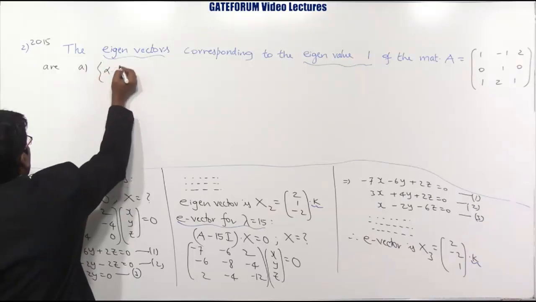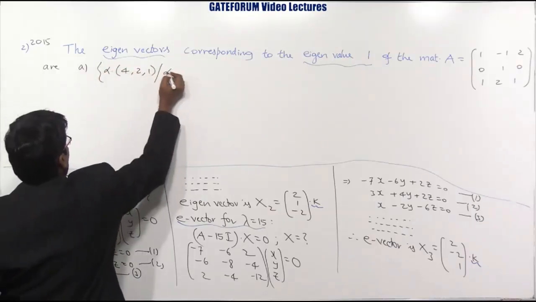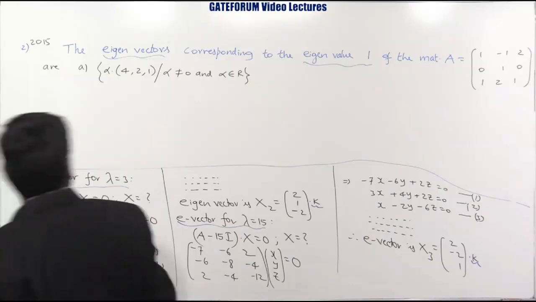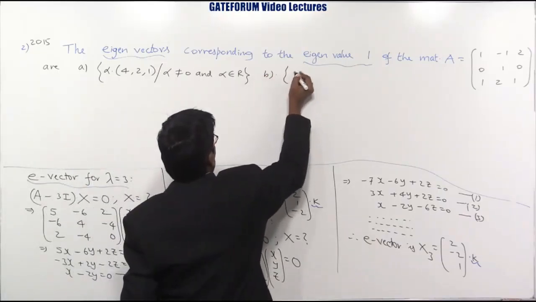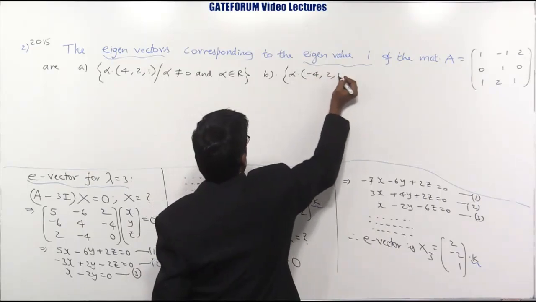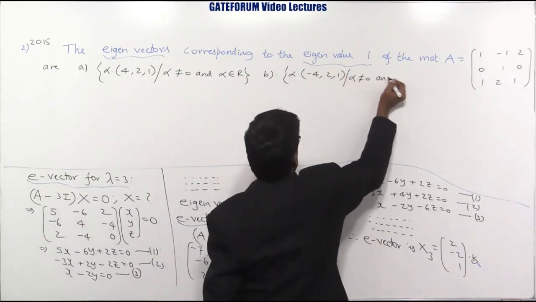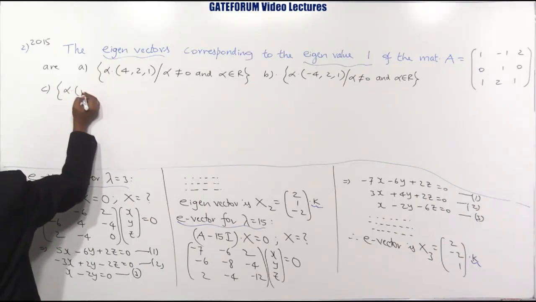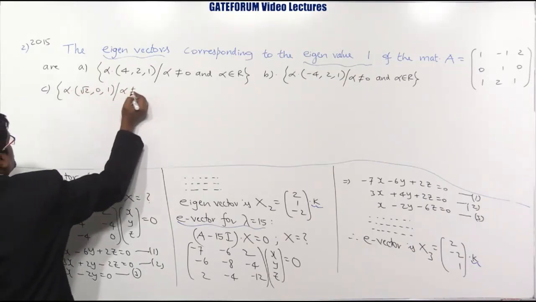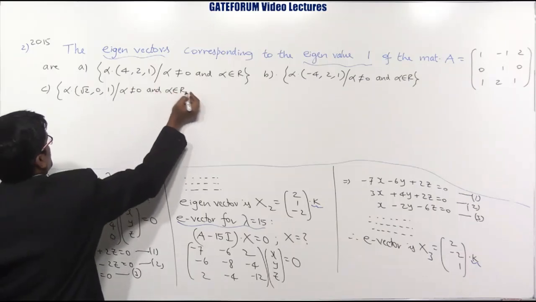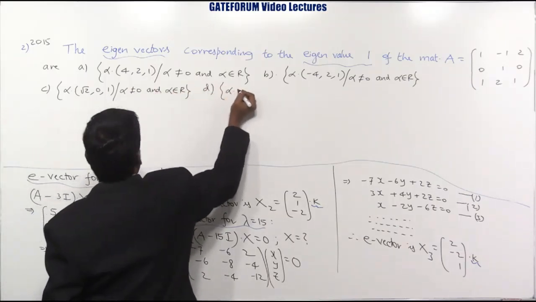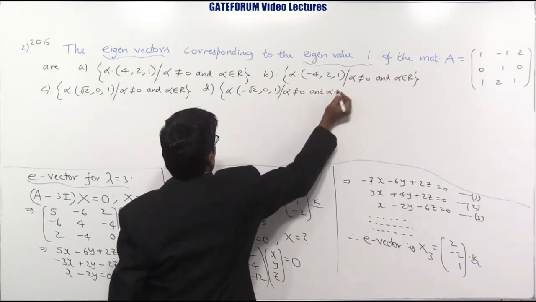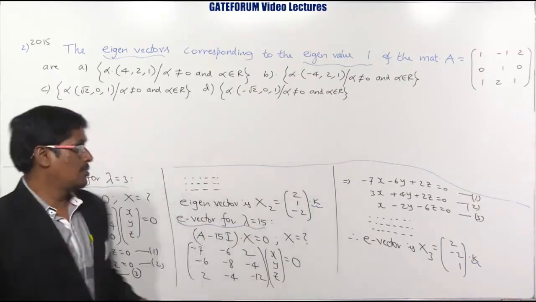Option A: set of all alpha into 4 2 1 such that alpha not equal to 0 and alpha belongs to R. Option B: set of all alpha into minus 4 2 1 such that alpha not equal to 0 and alpha belongs to R. Option C: set of all alpha into root 2 0 1 such that alpha not equal to 0 and alpha belongs to R. Option D: set of all alpha into minus root 2 0 1 such that alpha not equal to 0 and alpha belongs to R.